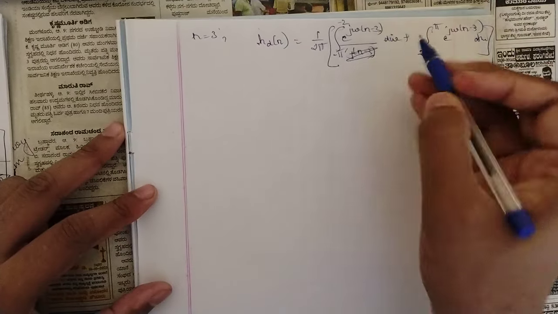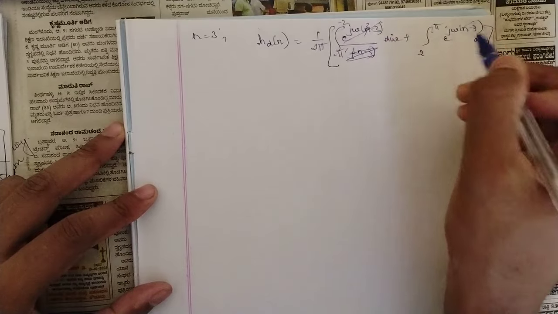Here, in place of n you substitute 3, so these both would be equal to e power 0.